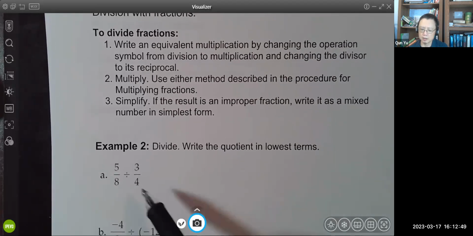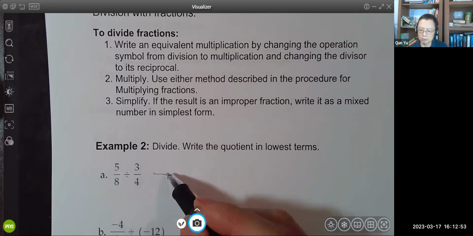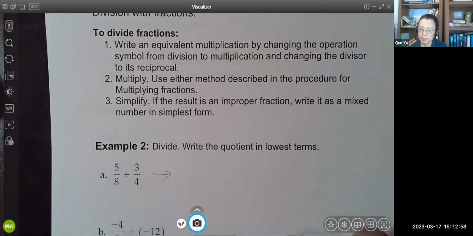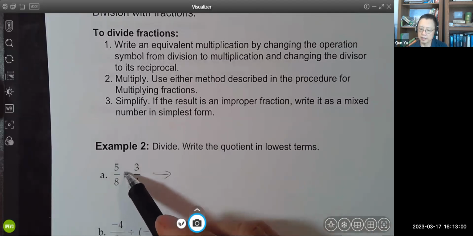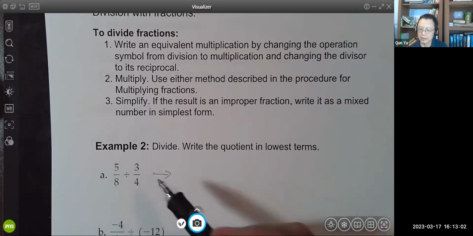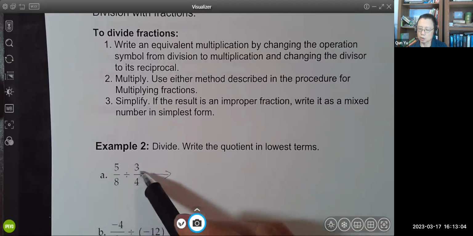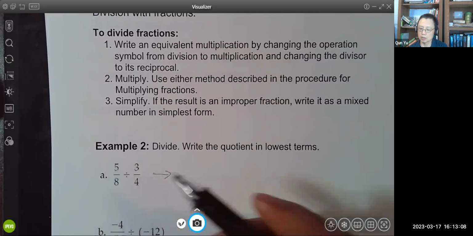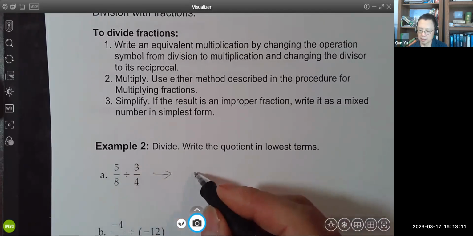The first one is 5/8 divided by 3/4. The general process is that we keep the first number unchanged and change the division to multiplication. Then you change the second number to its reciprocal. Regardless of whether the first number is a whole number or a fraction, you just keep it unchanged.